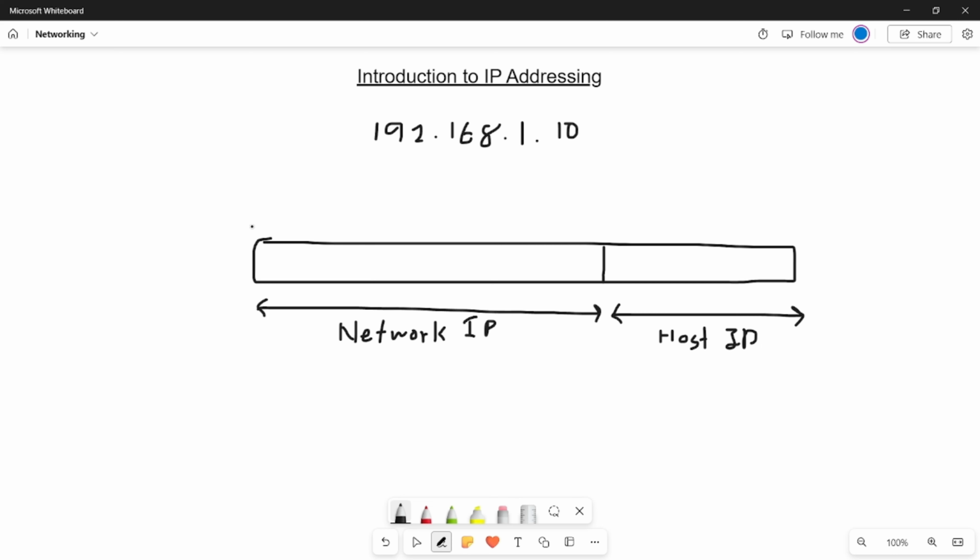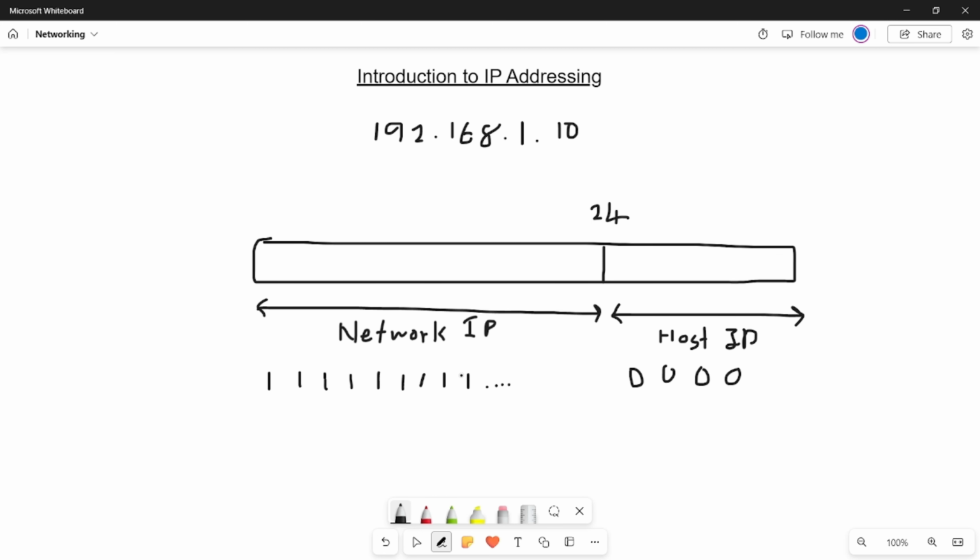So if I write the subnet mask of this IP address, all the bits in here are ones. Let's say this is divided after 24. So all the bits in the left-hand side, all the bits before 24, are ones, and all the bits after 24 are zeros.